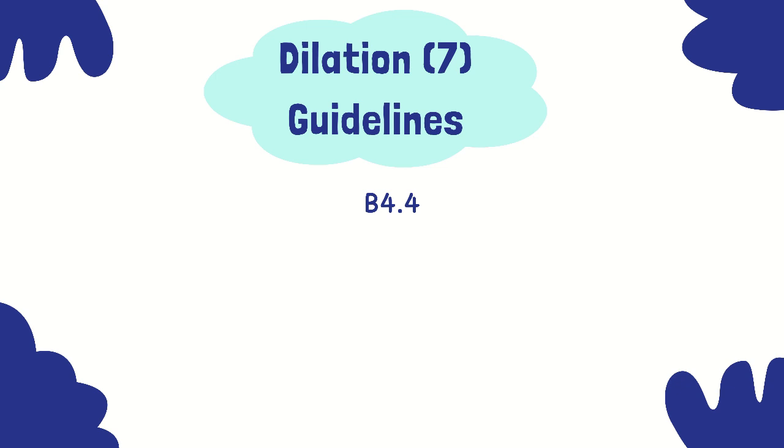Now, we got some different rules here. So hopefully by now you've relocated over to B4.4. In PCS coding, dilation of coronary arteries is approached differently than dilation of other vessels. Let me say that again.